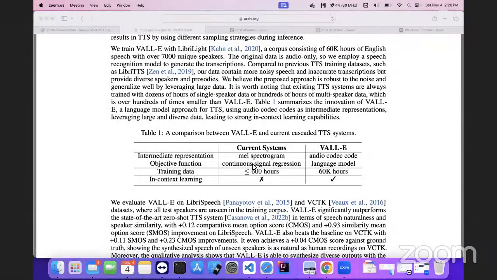So the MEL spectrogram is basically a frequency domain representation of a waveform. If you are familiar with the fast Fourier transform, you take a waveform and do a short time Fourier transform, and it will give you a frequency domain representation of that signal. Basically, it is trying to express a signal as a weighted sum of sinusoids.